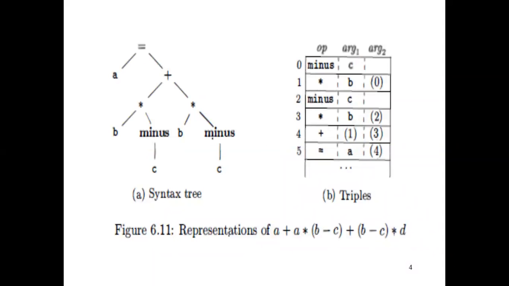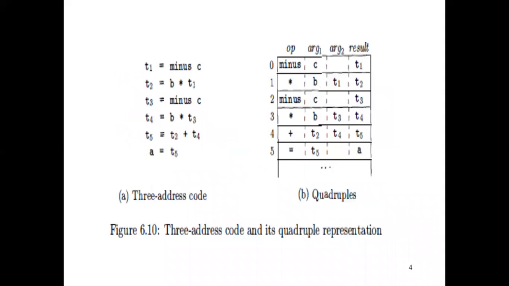Here you can see the given expression: A plus A star B minus C plus B minus C star D. The given expression is A plus A star B minus C plus B minus C star D. So how will we proceed? Now we can see here.